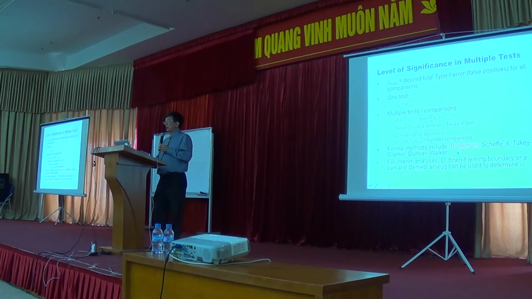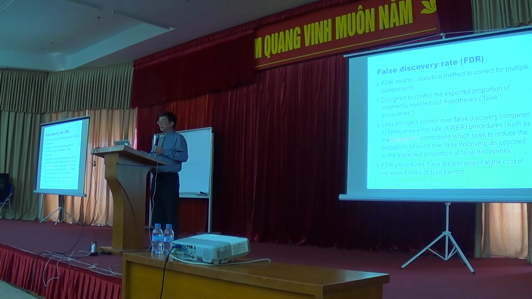For example, Bonferroni is one of the methods frequently used to correct for multiple comparisons. And for interim analysis, the O'Brien-Fleming boundary method or the Lan-DeMets alpha spending method can be used to determine the alpha value to decide whether your result is significant or not.